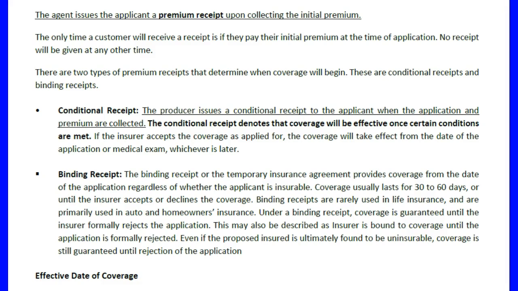Binding receipt. A binding receipt, or temporary insurance agreement, provides coverage from the date of the application regardless of whether the applicant is insurable. Coverage lasts 30 to 60 days or until the insurer accepts or declines the coverage. Binding receipts are rarely used in life insurance and are primarily used in auto or homeowners insurance.